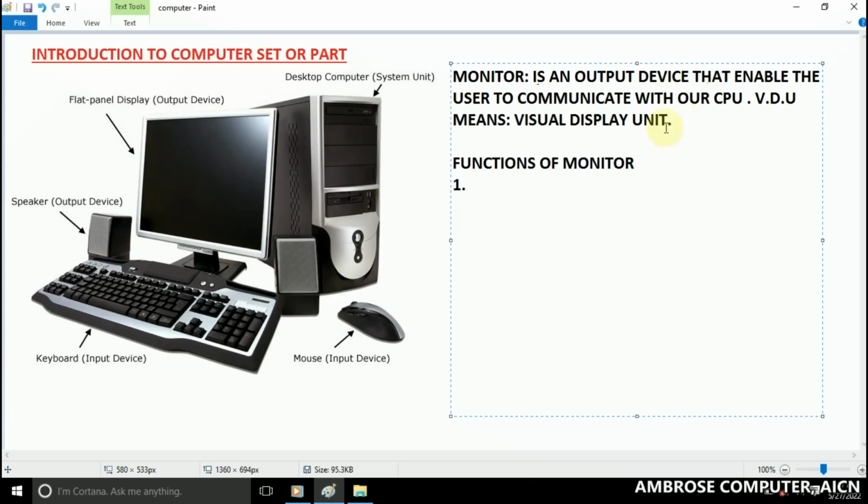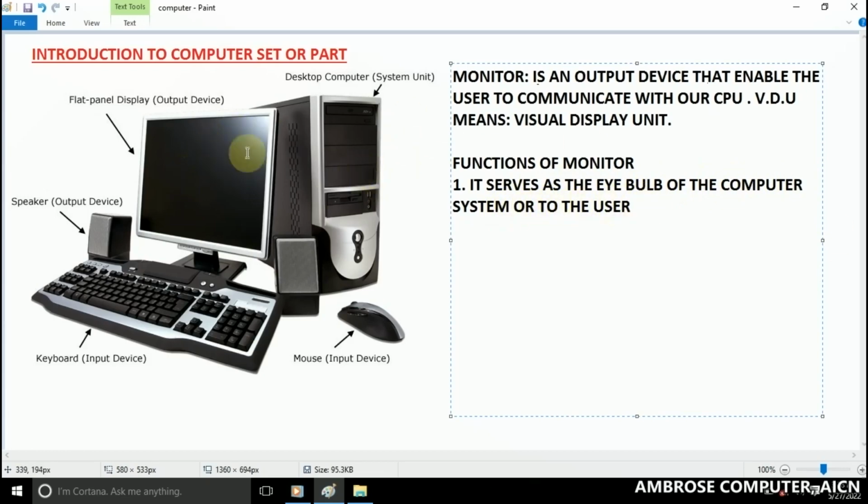The number one function of the monitor: it serves as the eye bulb of the computer system, or serves as the eye bulb to the user, whoever is using it.